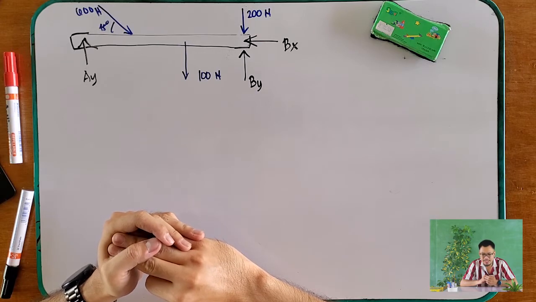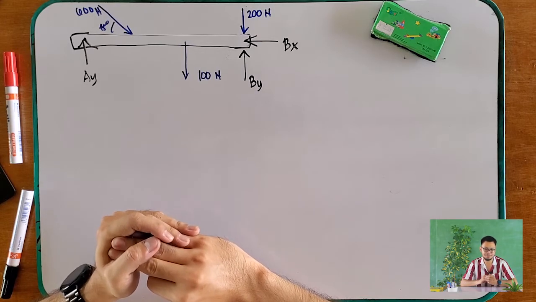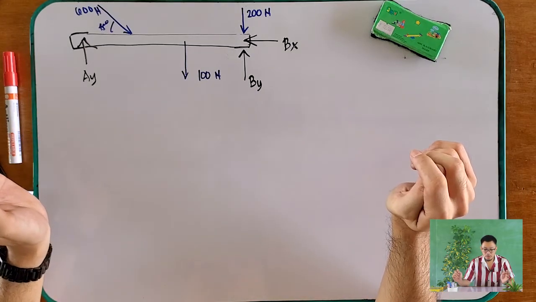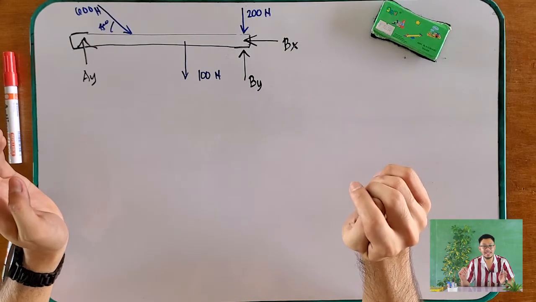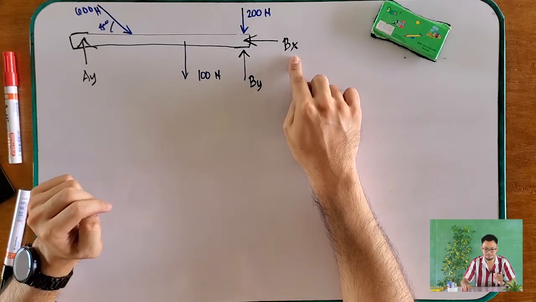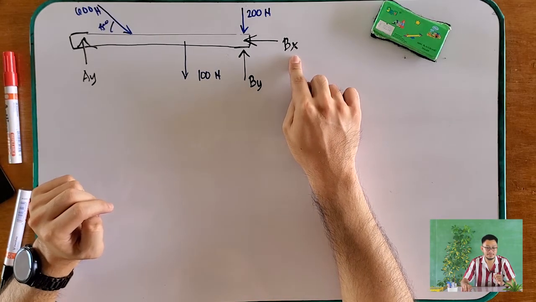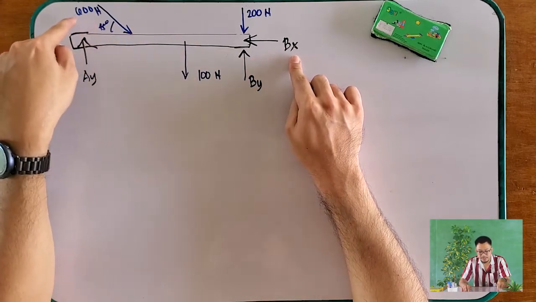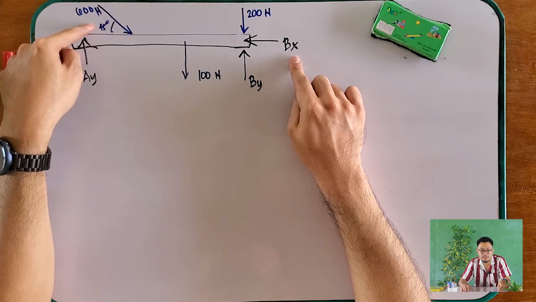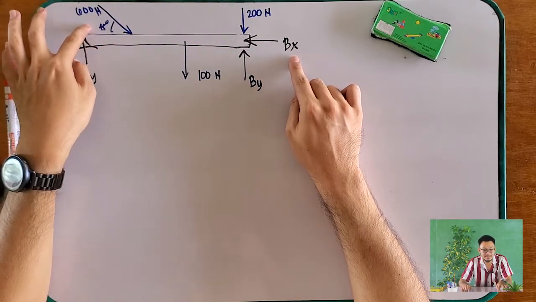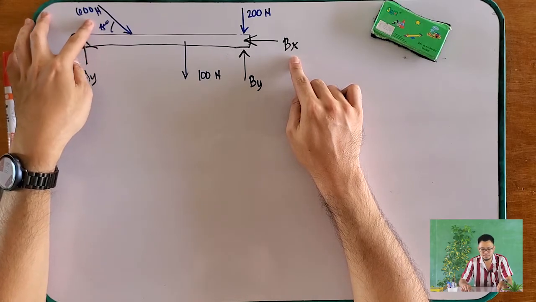Which is the most reasonable to start with? Let's analyze. If we sum the forces along X, can we immediately solve for BX? Yes, we can, because we only have one unknown; there are only two X components and the other one is known.